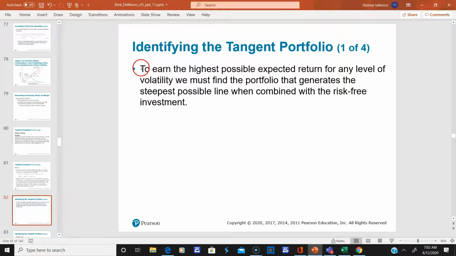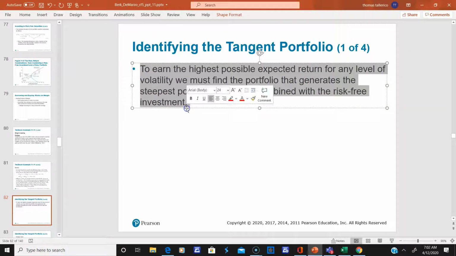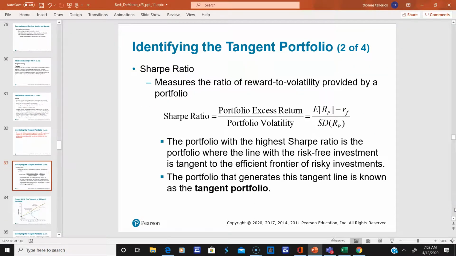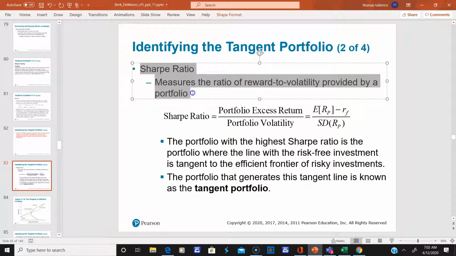All right, so this is an important point, and I just want to make this point. They draw a tangent line, and it basically says to earn the highest possible expected return for any level of volatility, we must find the portfolio that generates the steepest possible line when combined with a risk-free investment. And that's called the Sharpe ratio. And here's the equation for the Sharpe ratio. This measures the ratio of reward to volatility provided by a portfolio.